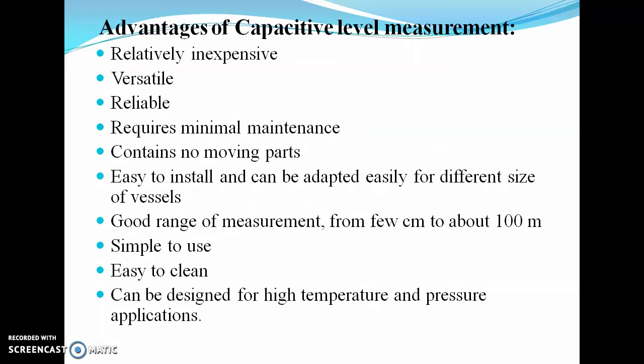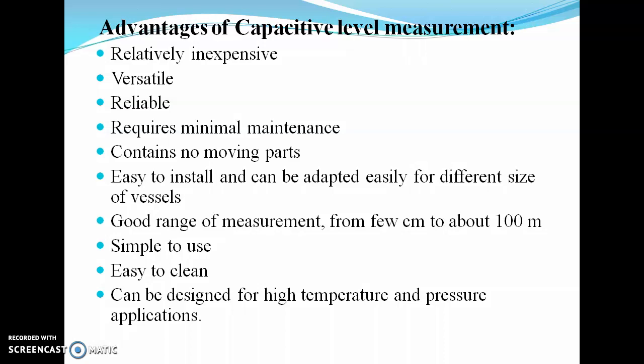Now, the advantages of the capacitance level measurement sensor. It is relatively inexpensive, versatile, reliable, requires minimum maintenance, contains no moving parts, is easy to install, and can be adapted easily for different sizes of vessels.